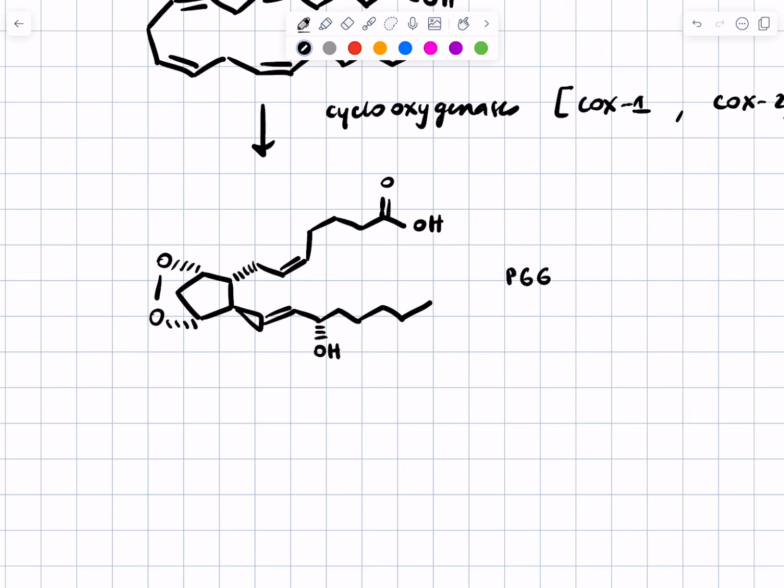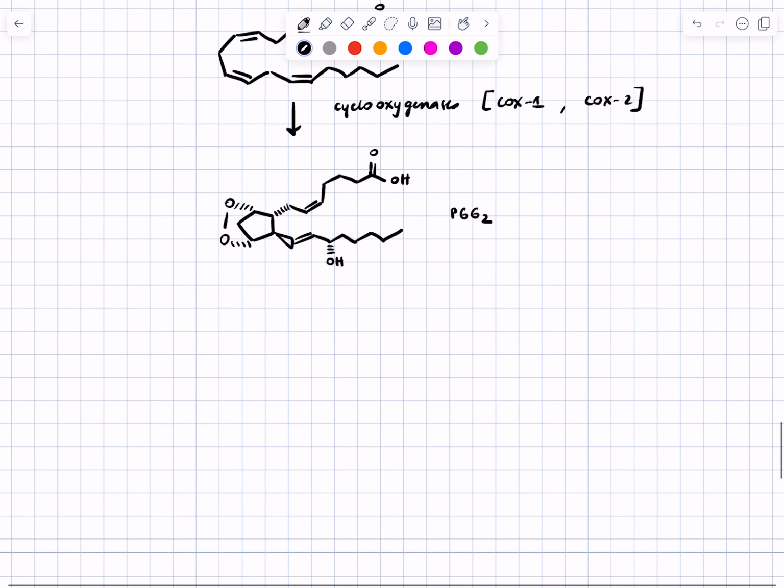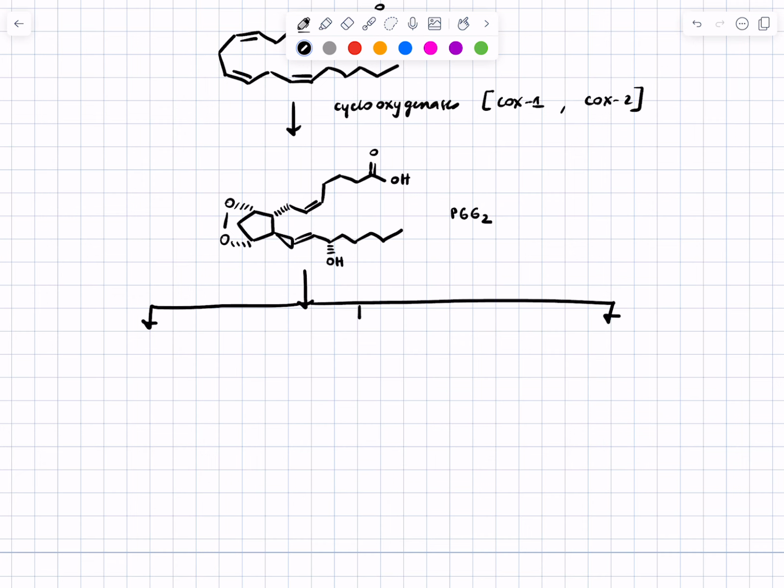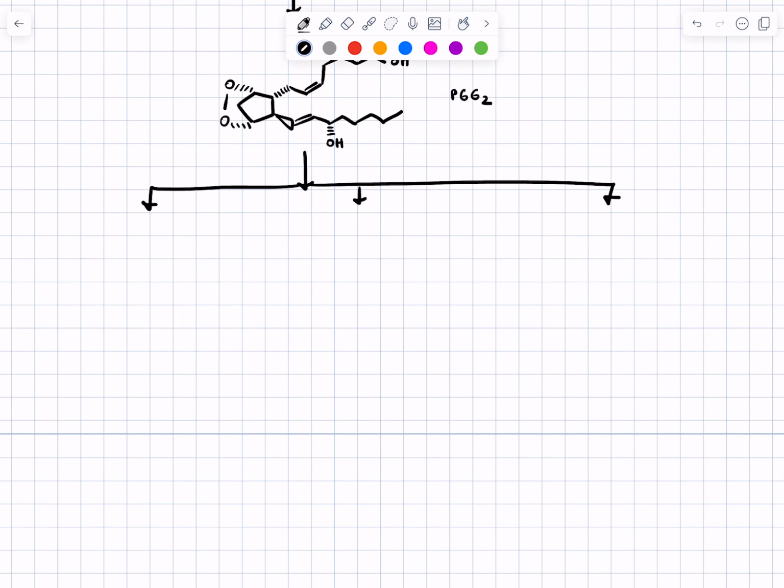This is called prostaglandin G2, and it's an unstable precursor, but can be converted through various biological processes into some of the following outcomes. So one is here.